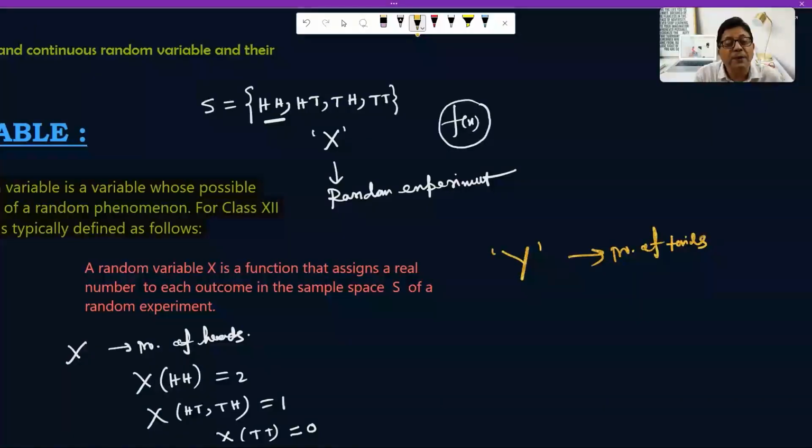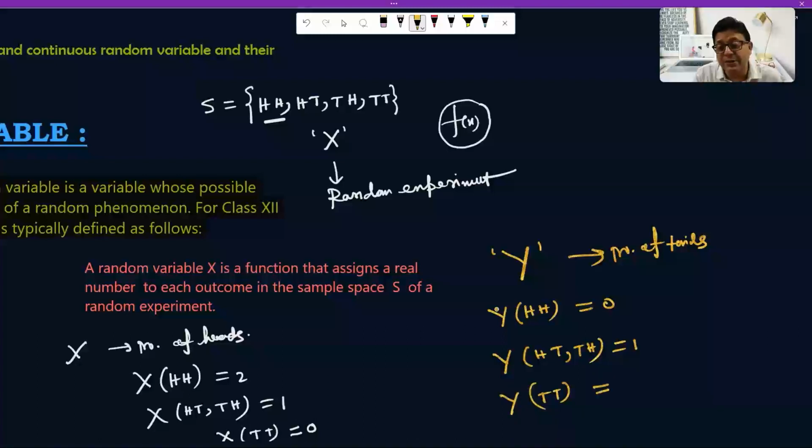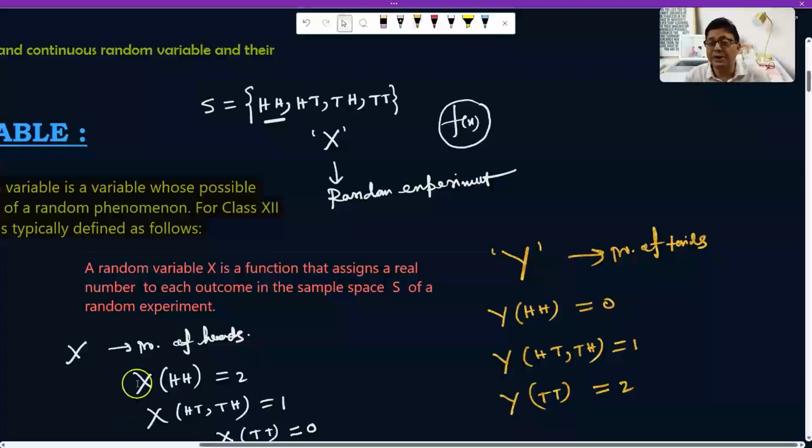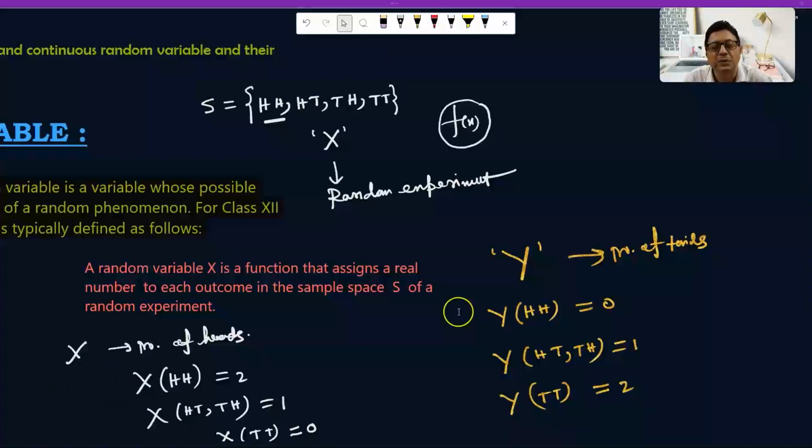So if I write Y of HH, no tail is there, so its value is 0. Y of HT, what is its value? You can take TH also. Its value is 1 because one tail is there, and Y of TT, its value is equal to 2. Clear? I hope all of you have understood.